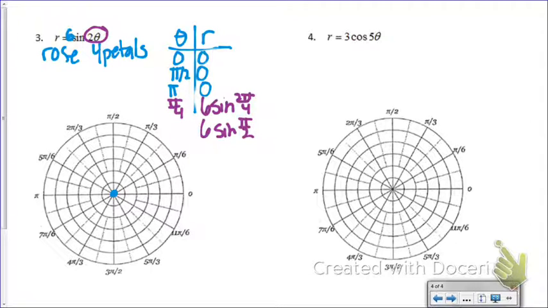Now I'm still finding one of my exact values, one of those easy values, but it's a little bit easier just to see this way. So I'm doing 6 times the sine of pi over 2. The sine of pi over 2 is 1. 6 times 1 is 6. So at pi over 4, which is right here, halfway between pi over 3 and pi over 6, I'm going out a distance of 6.